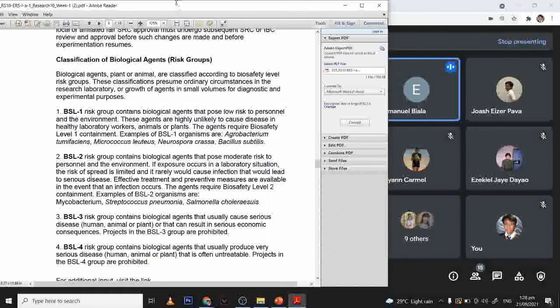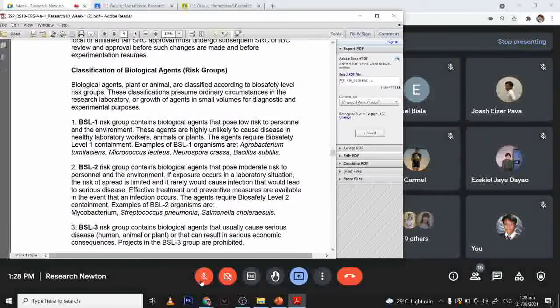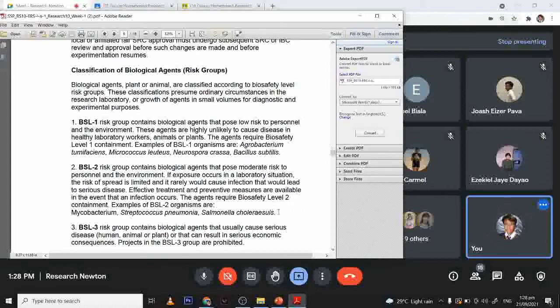We feel it now, many lost their jobs, many are out of work, because of the virus. So they must be handled by experts, virologists and microbiologists. Students cannot work on this or study it directly.